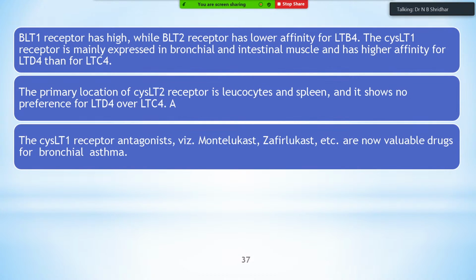The CysLT1 receptor antagonists, Montelukast, Zafirlukast, etc., are now very valuable drugs in bronchial asthma. Especially in asthma patients, the antagonists of the CysLT1 receptors, namely Montelukast and Zafirlukast, are the classical examples of this category.